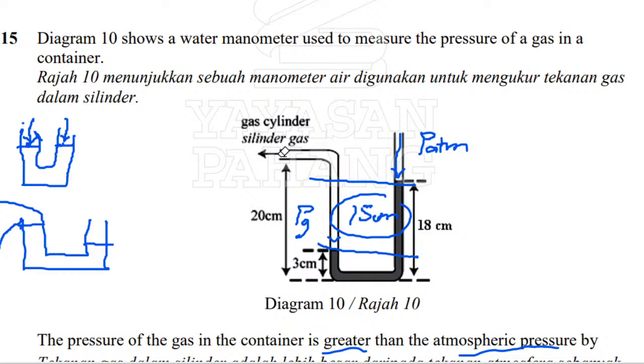So the arrow does not show the direction of the gas. It just shows that this side is connected to the gas container. Can you understand? Okay, Kak Jason?